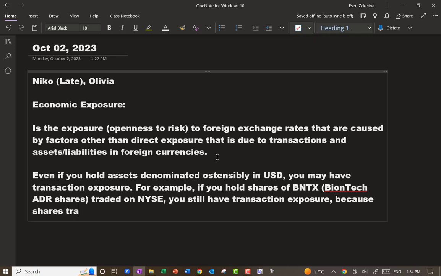Because shares traded in the New York Stock Exchange and Frankfurt are related to each other.